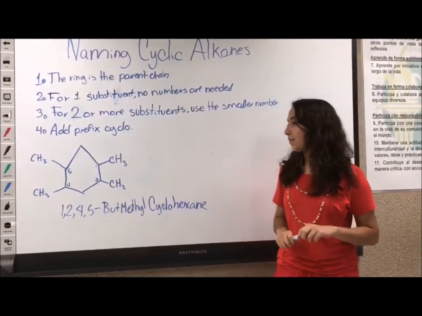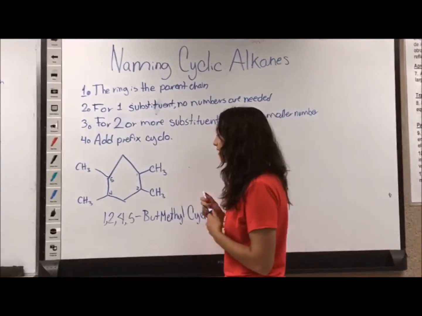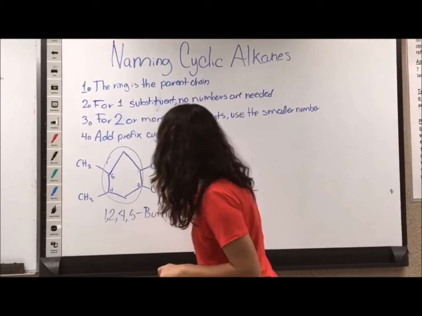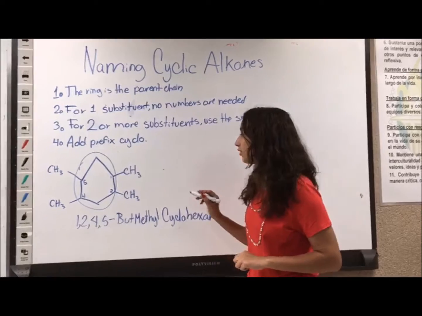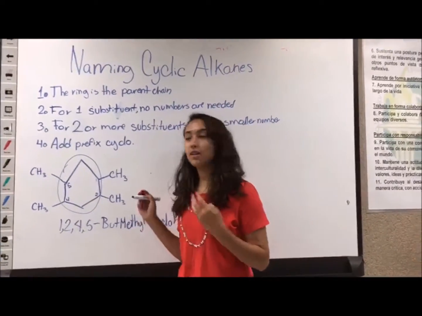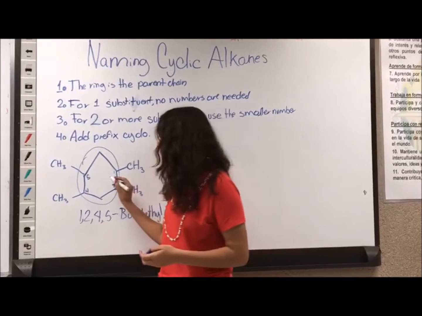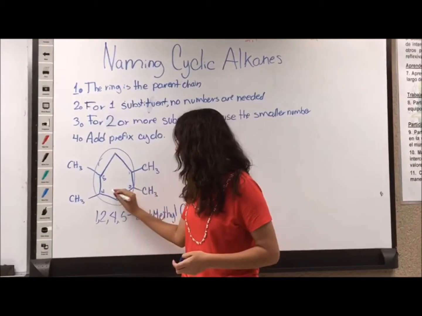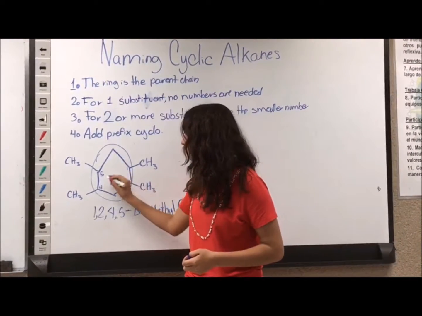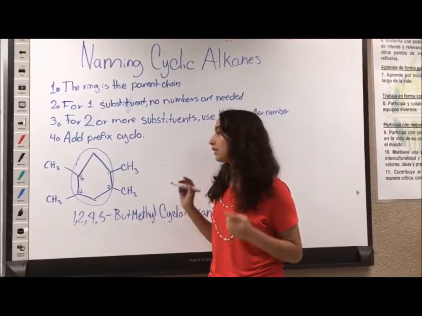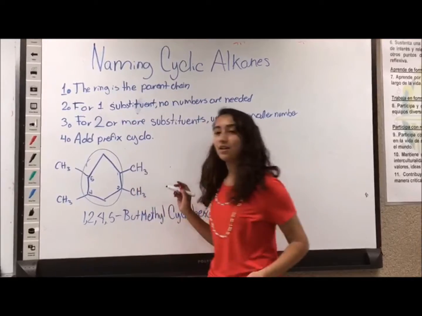And here we have an example. We are going to take our parent chain, that is the ring, and we are going to number it. You can number the parent chain in any way. For example, in this one there is no difference if I put 1, 2, 3, 4, 5, 6 or 1, 2, 3, 4, 5, 6, but always try to start with the one where there is a branch.